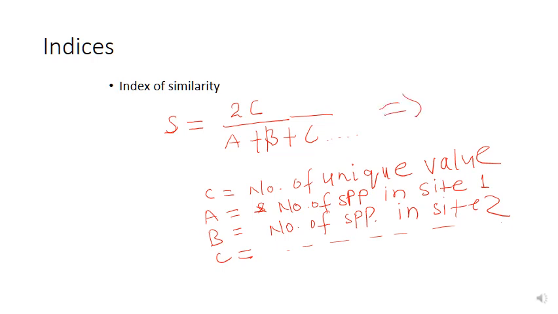If we are interested in estimating dissimilarity between different study sites, we just need to subtract this value of similarity from 1, and it will provide the value of dissimilarity.